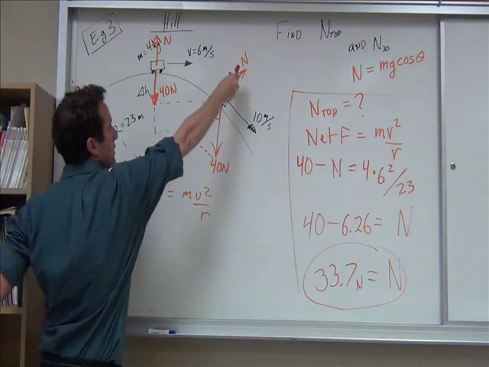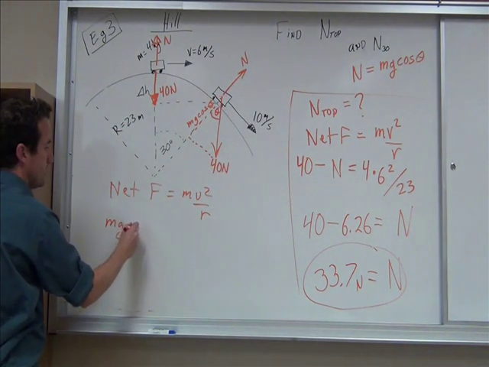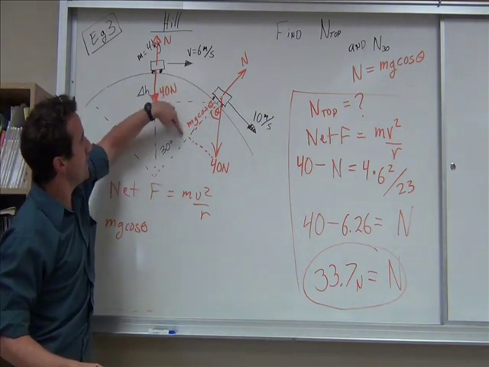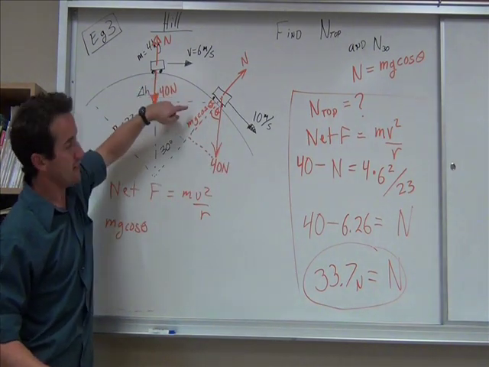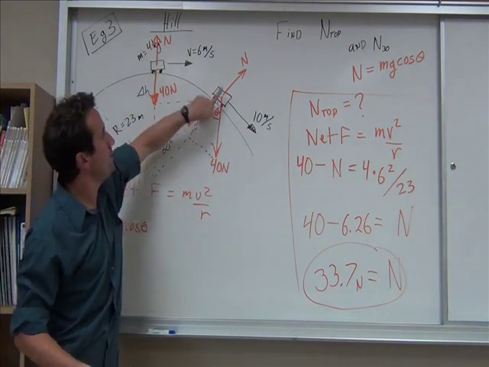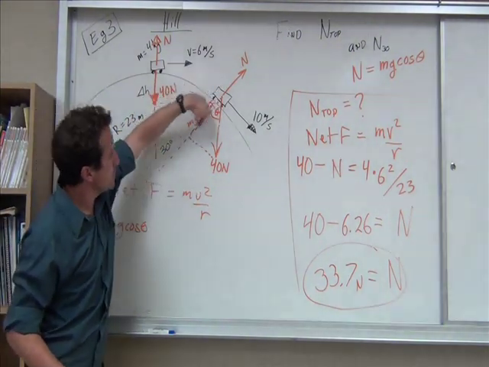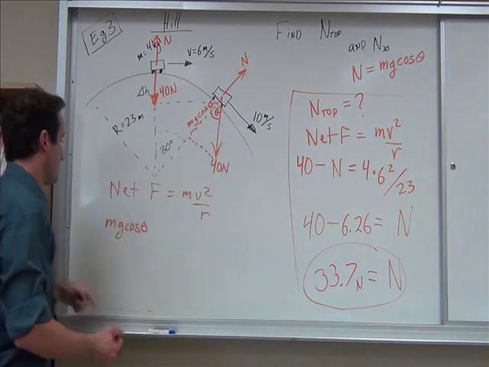We have mg cos theta pulling it toward the center, which must win the tug of war because mg cos theta actually causes it to go toward the center in a circle, like any centripetal force, but N is away from the center, a center fleeing force. The winner has to be centripetal because it actually moves in a circle.